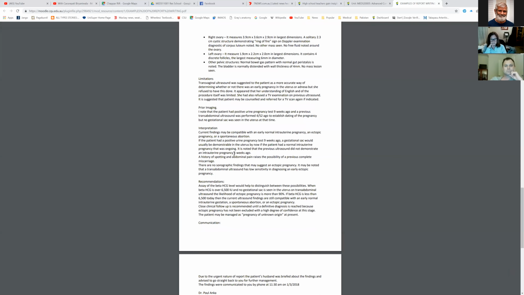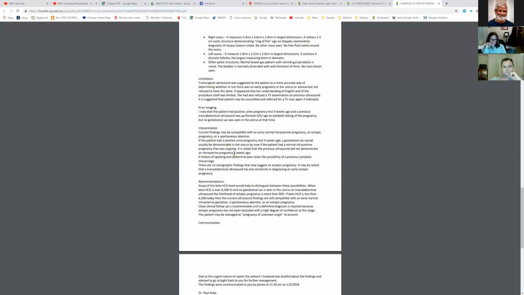So it has said 9 weeks ago it was positive. You see a gestational sac in the uterus at 9 weeks of gestation. Okay, you start seeing that at 6 weeks.